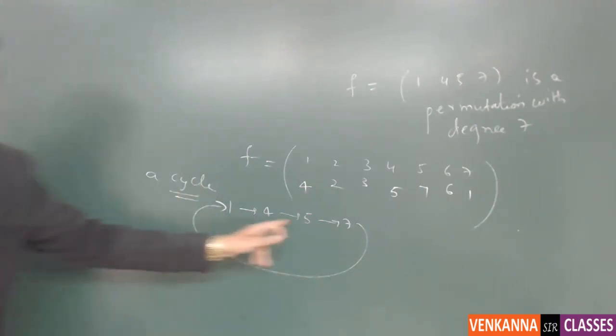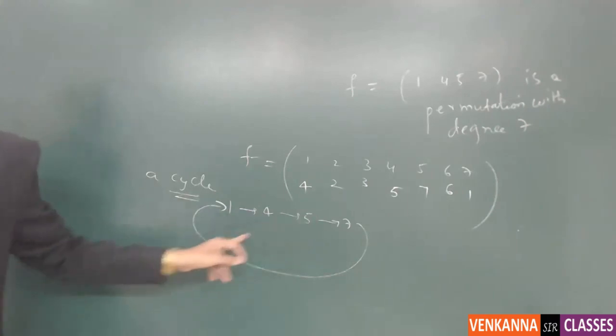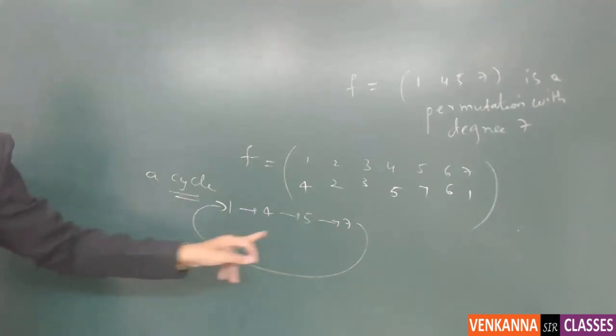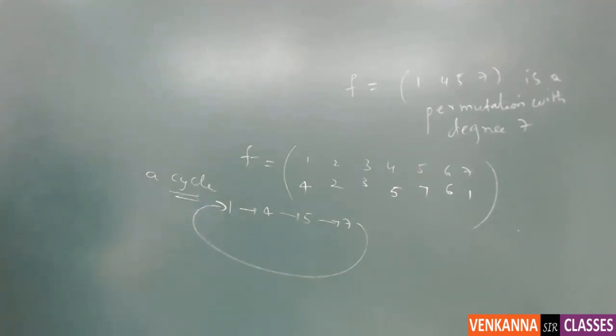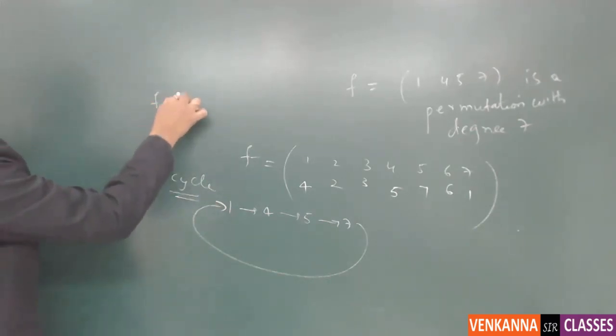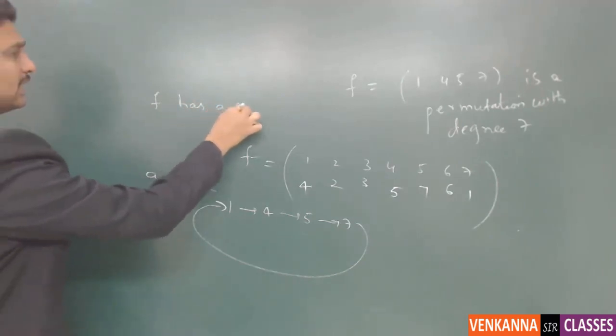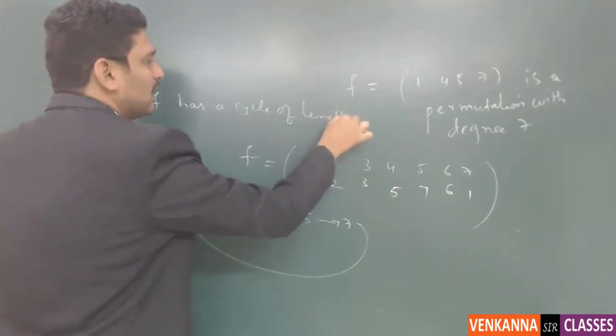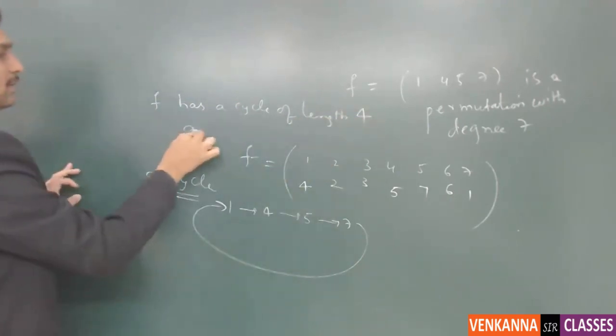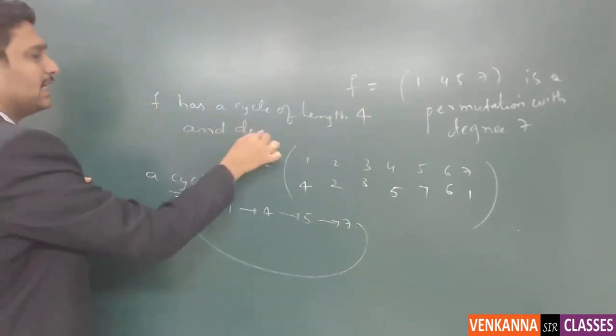Now how many elements are there in this cycle? 4. So we say that F has a cycle of length 4 and degree 7.